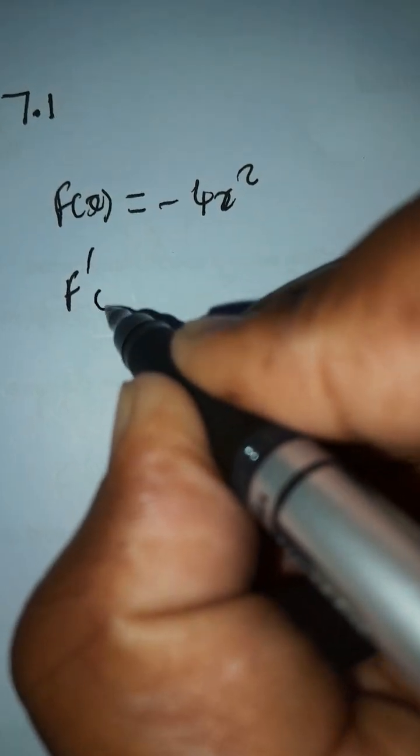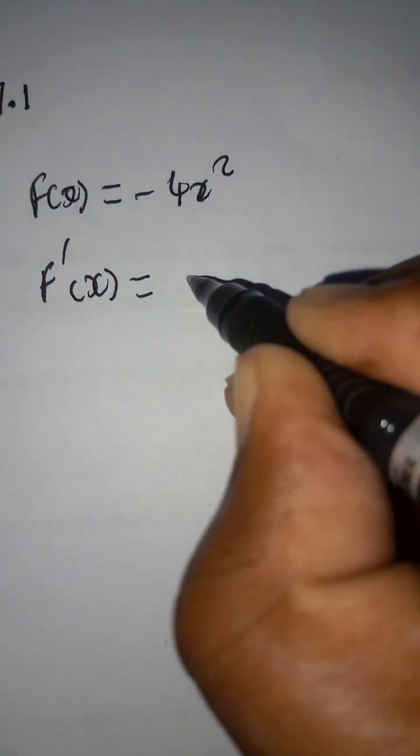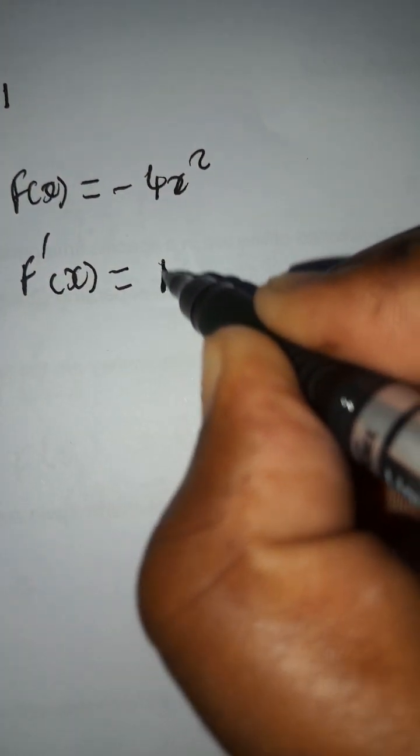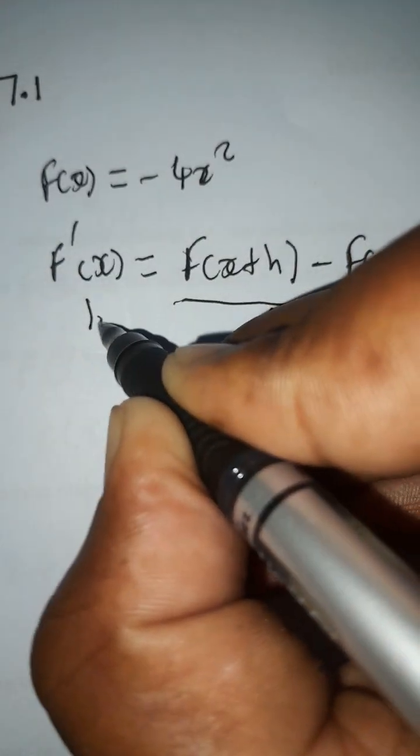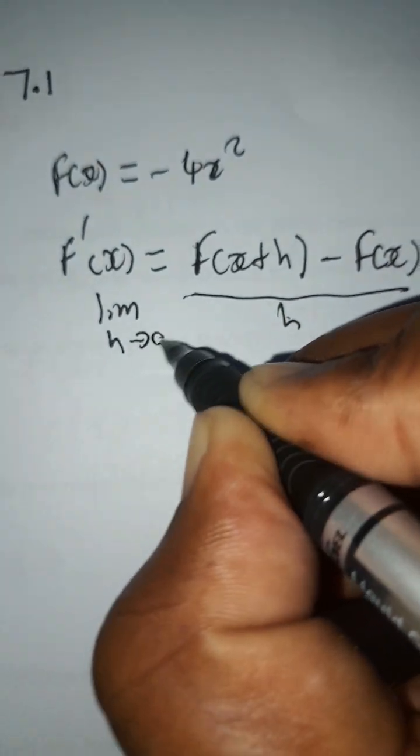Into practice, remember we have f of x is equals to negative 4x squared. So we are going to write the formula first of first principle, f at x plus h minus the given function divided by h. Remember, as limit h approaches 0.